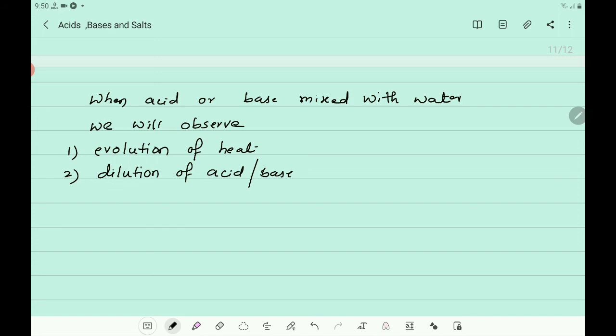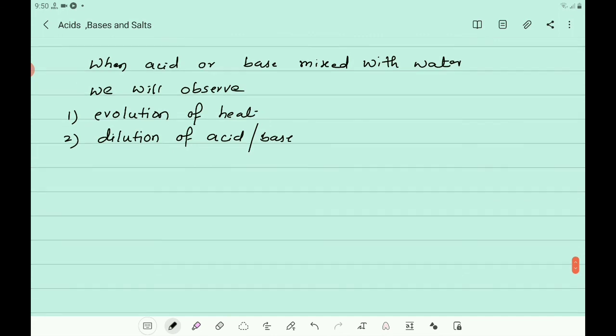So which one is the right and safe method of dilution? That is, dissolve acid or base slowly in larger amount of water rather than adding water to acid or base.